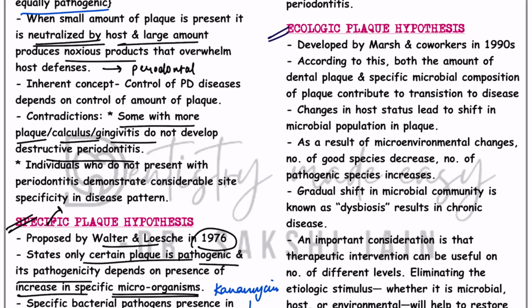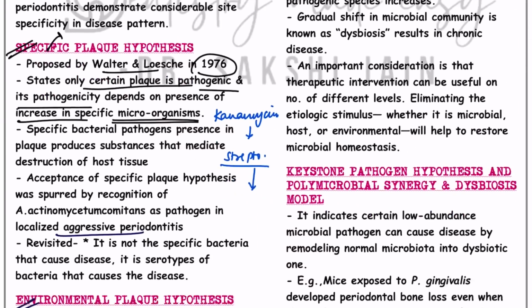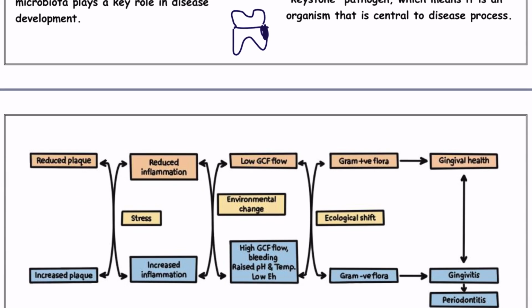This gradual shift is known as dysbiosis, and it results in chronic disease. If you reduce all these various factors, that will help restore the gingival health condition. This hypothesis can be explained with this flow chart.